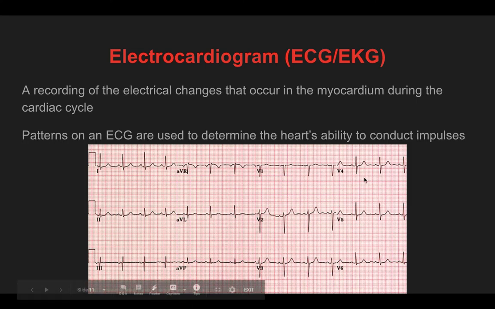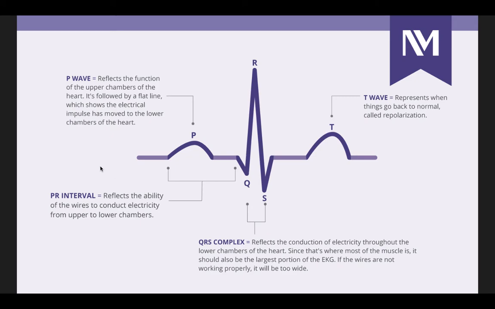So this is what's considered a normal EKG. To read an EKG, each one of these means a heartbeat has occurred. This is your thud thud. We have what's called P, Q, R, S, and T. This is your P wave.